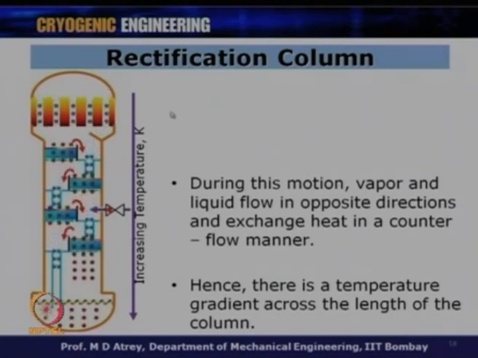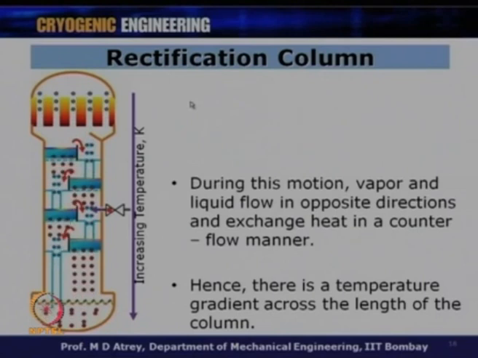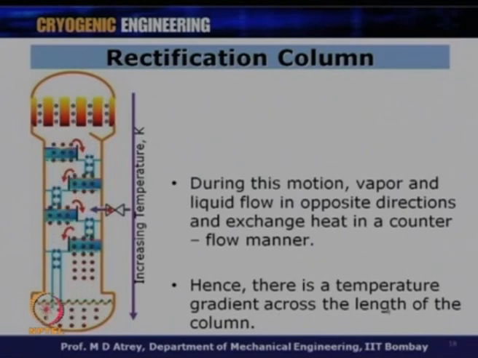So, you will have around 77 Kelvin temperature over here, 90 Kelvin temperature over here, while the temperature at each plate will be somewhere in between 77 Kelvin and 90 Kelvin. So, we got a temperature range which is going to be generated across the height of the column. Hence, a temperature gradient gets developed across the height of the column.